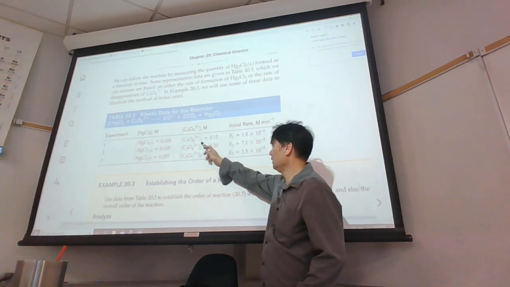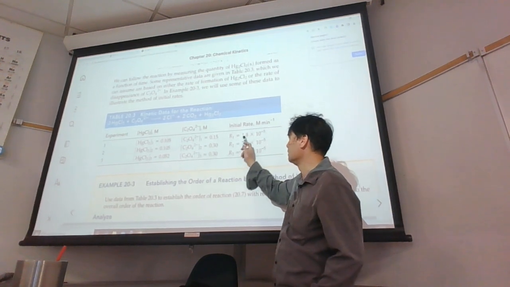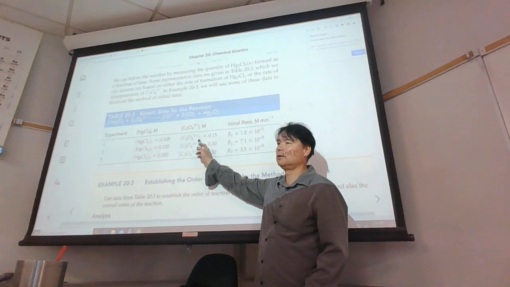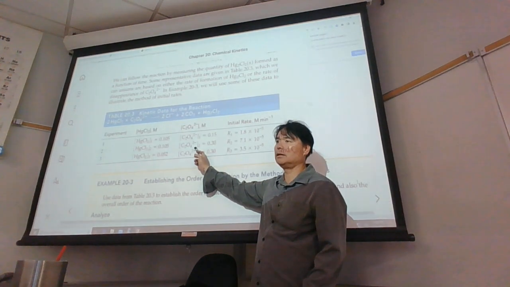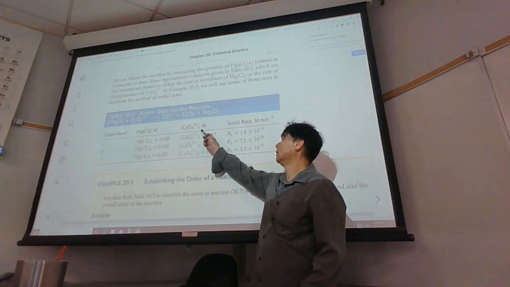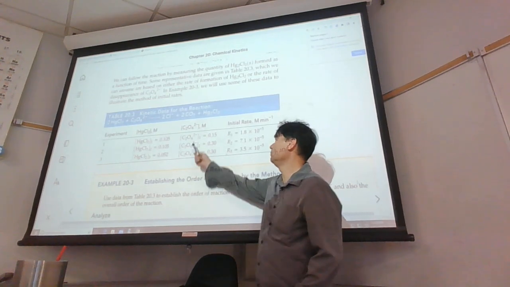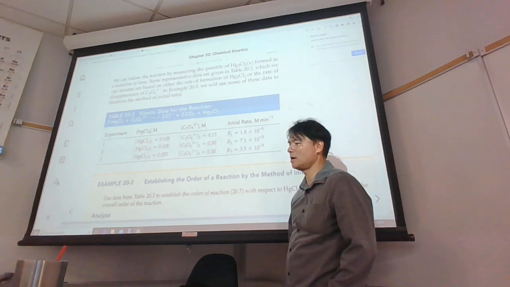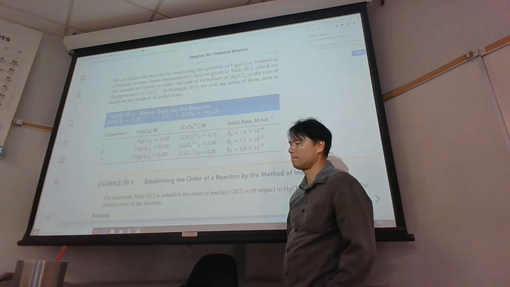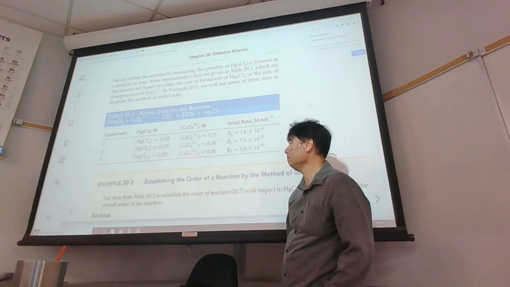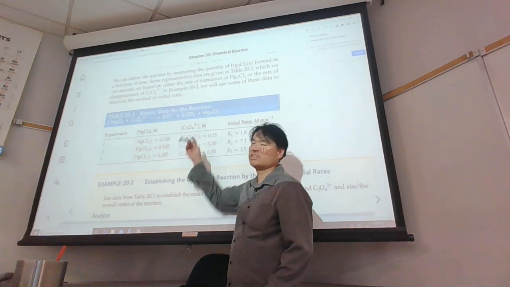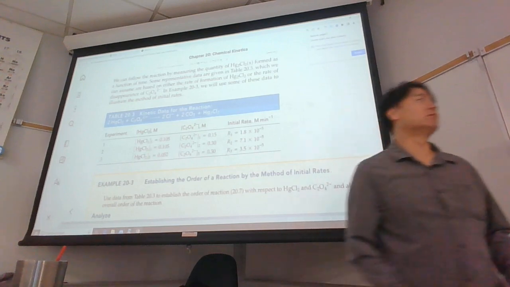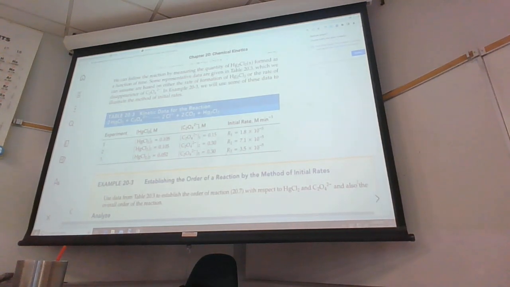And so if we double the oxalate concentration and the rate quadruples, then it's got to be second order in oxalate. That is, 2 squared gives us 4, and the rate went up 4 times. So we know then it's second order in oxalate. Write that down. So what we want is to get the rate law.